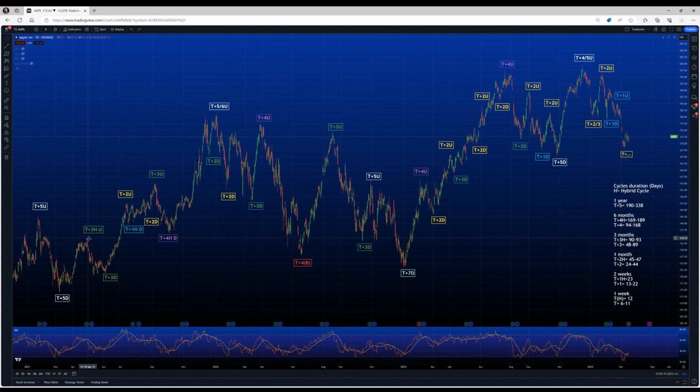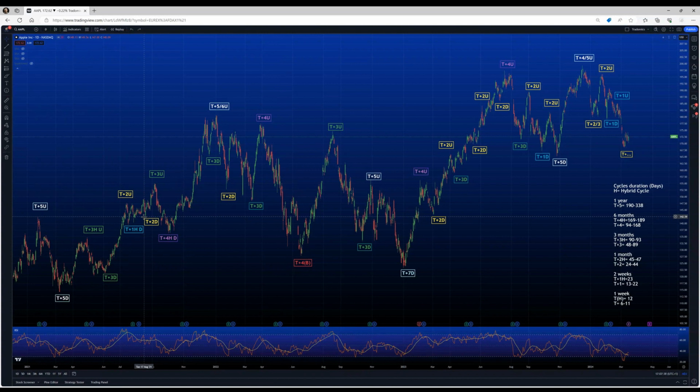Here we had a T plus 3 with a T plus 3, a T plus 2 with a T plus 2. So sometimes, especially when there is no particular volumetric tendency or stronger volumetric trend to the upper side or to the lower side, we can recognize a certain symmetry. Other times, not really.